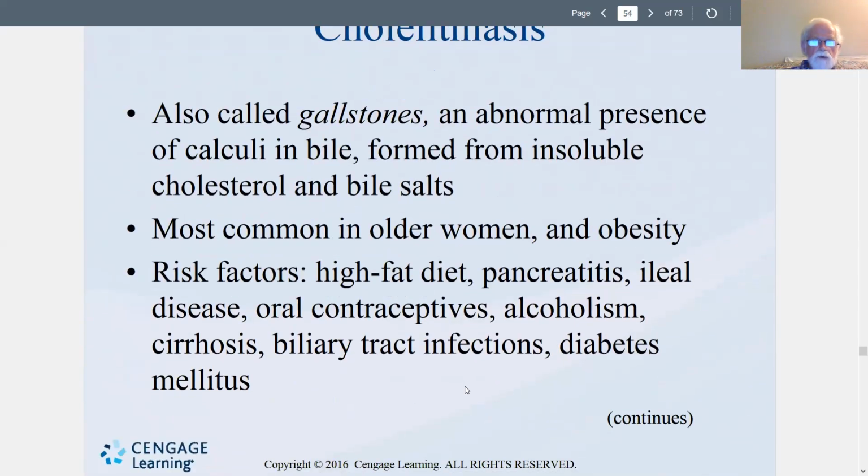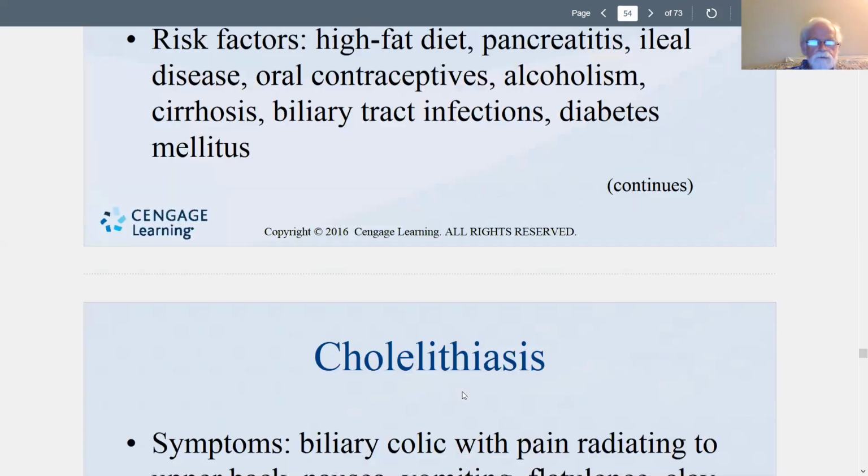Cholelithiasis is gallstones, which form in the bile from insoluble cholesterol and bile salt mixtures, most common in older women and obese people. Risk factors include a high-fat diet, pancreatitis, diseases of the ileum, oral contraceptives, alcohol, cirrhosis, etc., and diabetes mellitus.